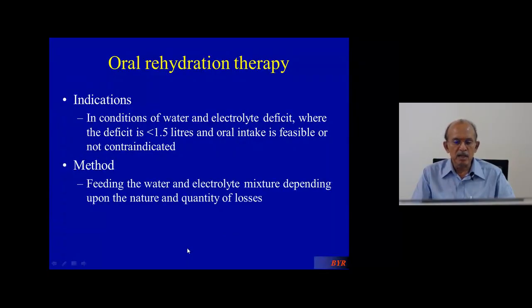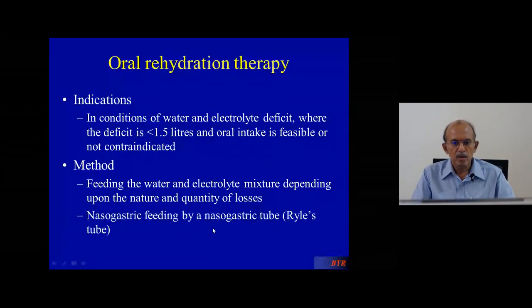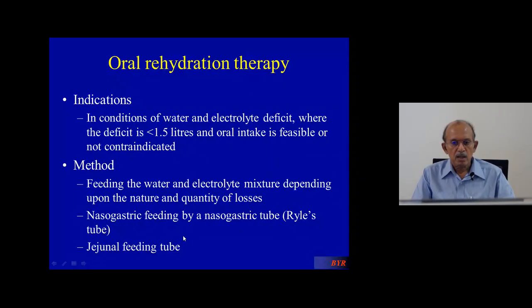Method of oral rehydration therapy: feeding the water and electrolyte mixture depending upon the nature and quantity of losses. You can pass a nasogastric feeding tube and feed the patient. If the stomach has some disease, you can pass the tube directly into the jejunum and feed through the jejunal tube.